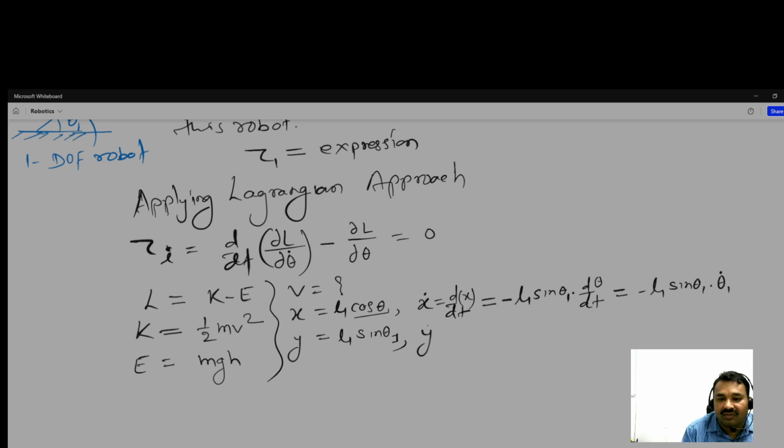Similarly we get y dot: L1 cos theta 1 multiplied by theta 1 dot.